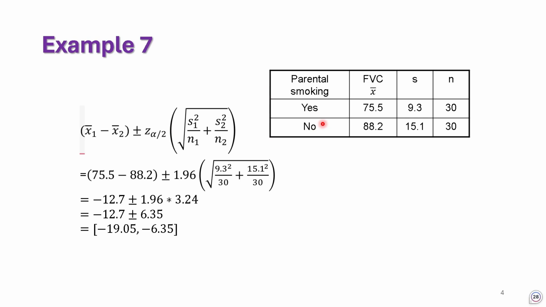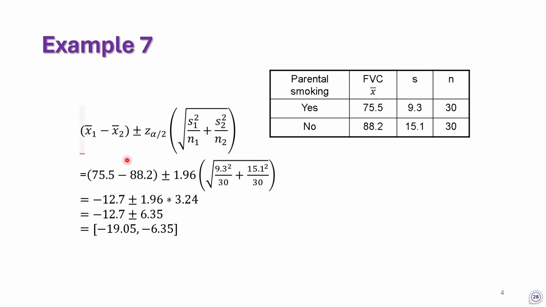Since n here is exactly equal to 30, we use a Z distribution table with this formula.